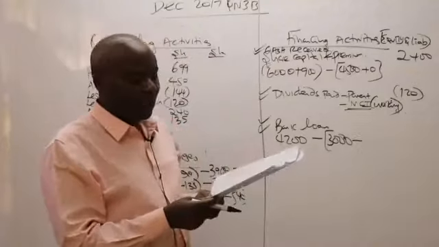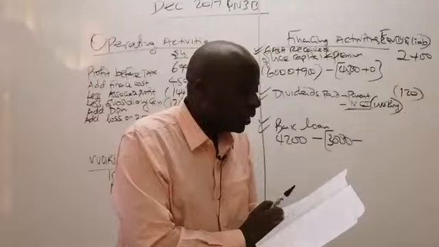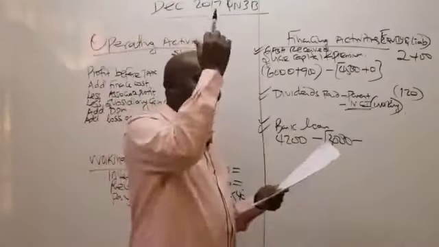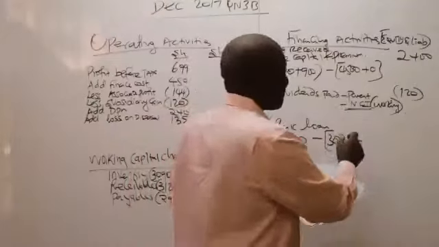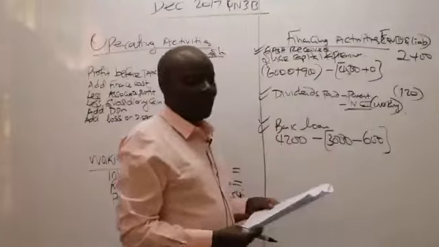So what adjustment are we making here kwa opening? Kuna kakitu ambao kalikuwa disposed, na kalikuwa na ka bank loan. Hiyo ilikuwa ni disposed subsidiary 600.